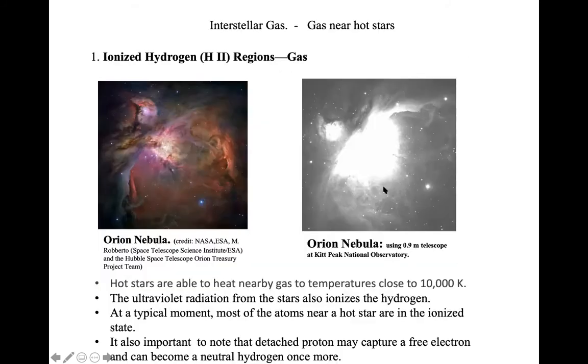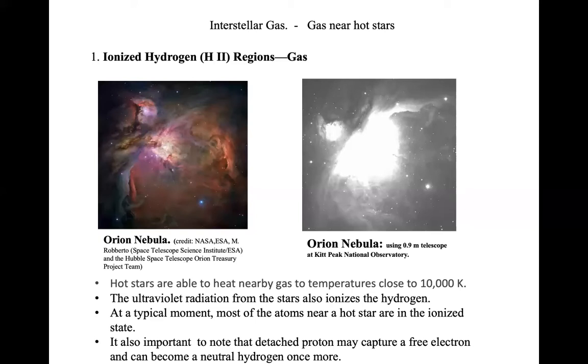Sometimes students ask why the image on the right-hand side is black and white, while the image on the left-hand side is colored. That's just because the one on the left-hand side was processed by them, maybe using different filters. What I have is the raw image that I took directly from the telescope, so it is not a processed image.